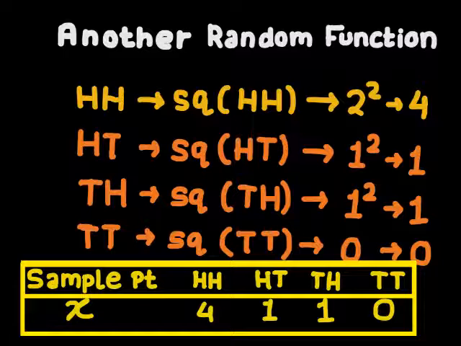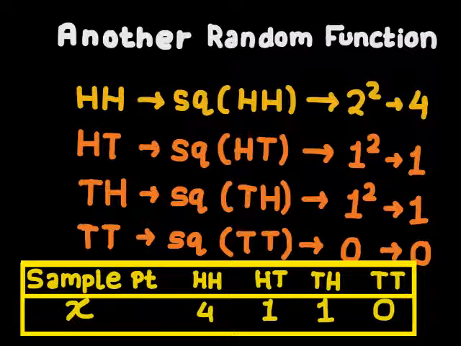Then for the outcome HT, the square of its random function value is calculated as 1 to the power 2, which gives us 1.